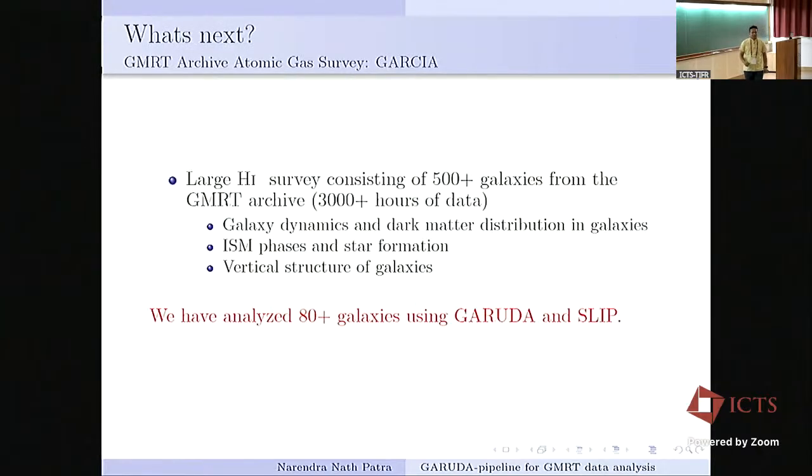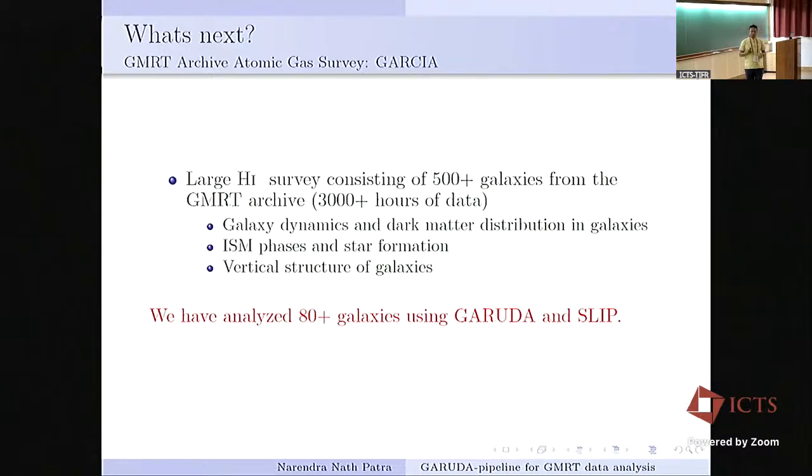So what's next? This pipeline can now be used to target large data sets. For example, we have taken on a project called GARCIA, the GMRT archival HI data. We have around 500 plus galaxies in the GMRT archive, which we are targeting as the GARCIA sample, about 3,000 plus hours of observation.